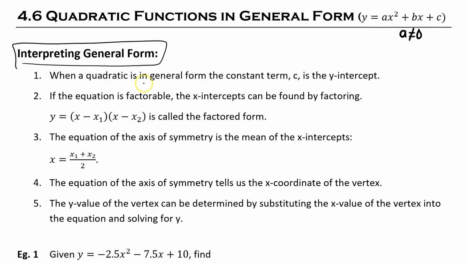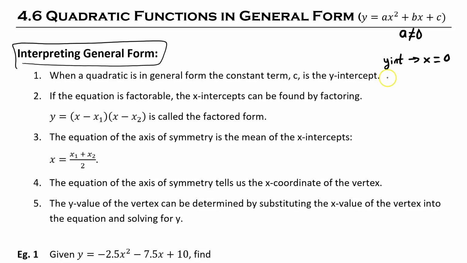When a quadratic is in general form, the constant c is the y-intercept. That makes sense because in the last video we said when we want to find the y-intercept, that means that x equals 0.